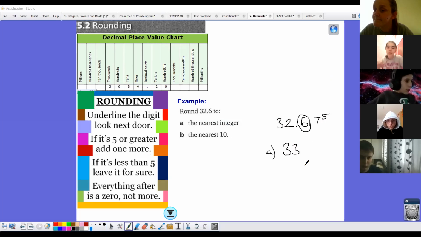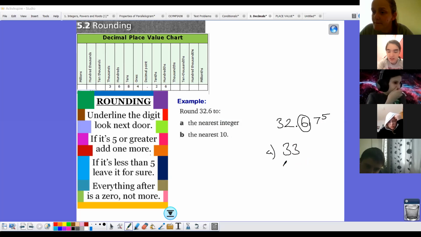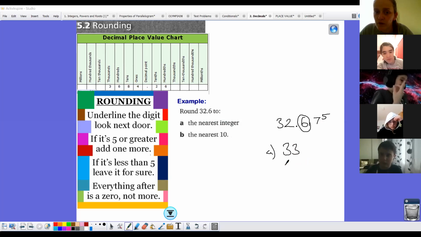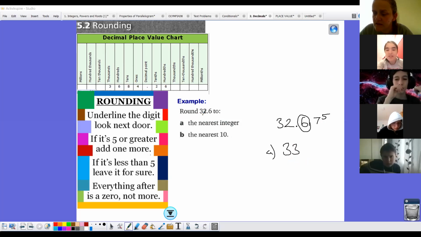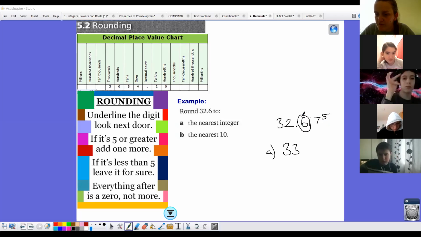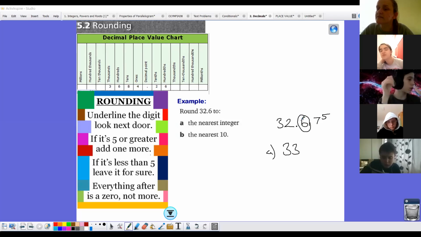Teacher, when we ask for the nearest integer, how will you write it? Like 32.5? No. We didn't round to 5. I showed that the decimal part is greater than 5, and I am rounding to 33, and it becomes an integer number.